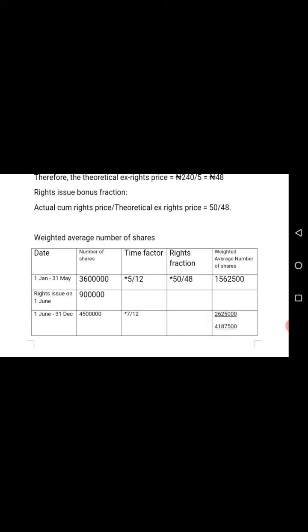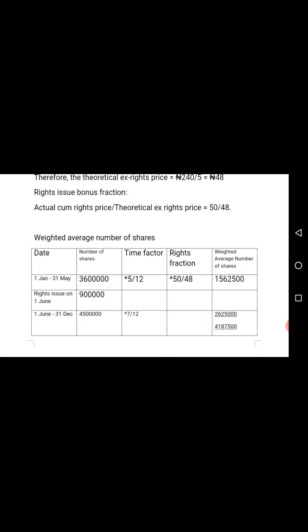Now all we are concerned with here is to get the weighted average number of shares. Like I've said, the numerator doesn't change. We have 1,562,500 units of shares. Then from 1st June, we issued 900,000 shares.